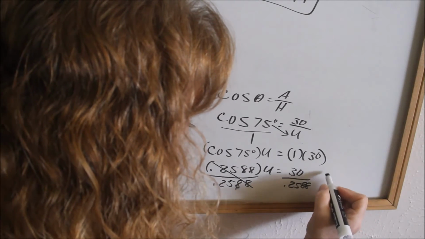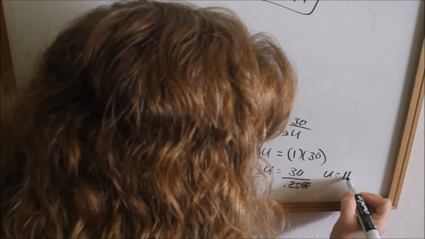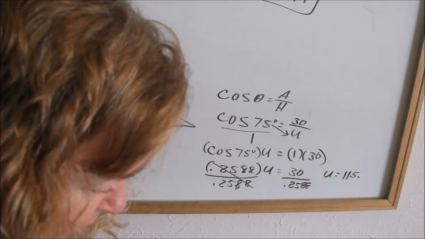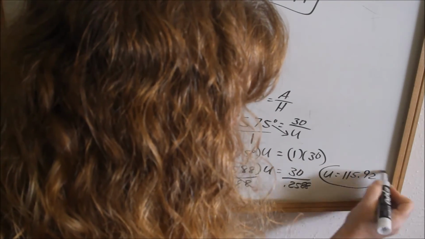That goes away. So then U is 115.92, rounding to 2 decimal places.